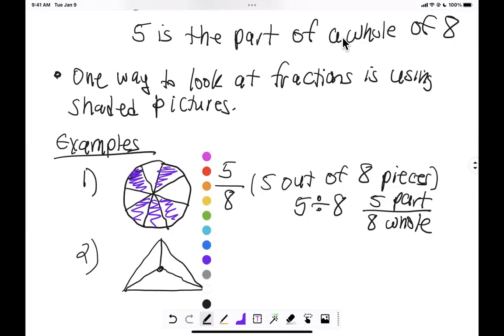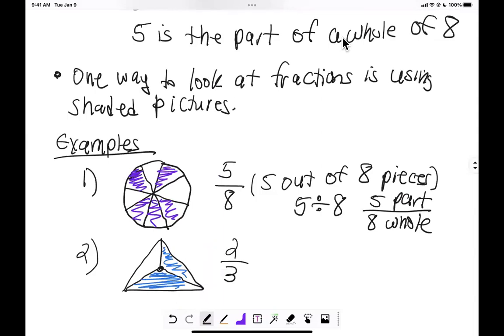So if I shade these 2 pieces, I did have a whole of 3 pieces, but I only shaded, whoops, where did my thing go? I lost it. I know I shaded 2 of them. And I only shaded 2.